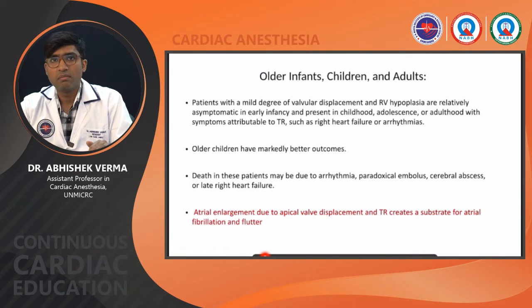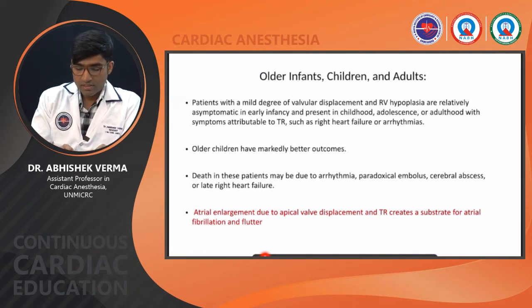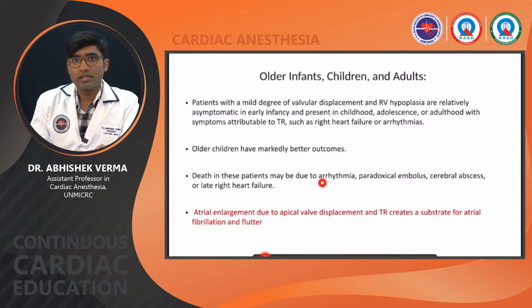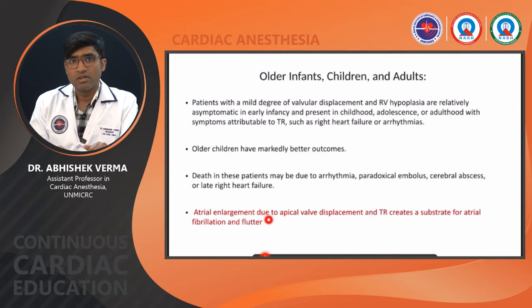Older children have a markedly better outcome, and death in these patients may be due to arrhythmia, paradoxical embolus, cerebral abscess, or later right-sided heart failure. The right atrium is enlarged till that age due to the apical valve displacement, and the TR creates a substrate for atrial fibrillation and flutter.